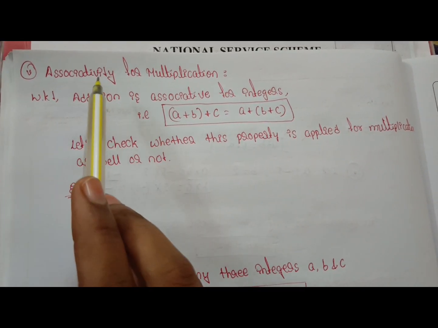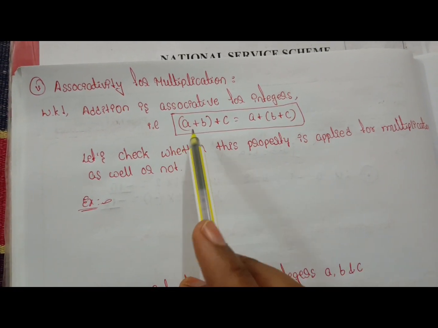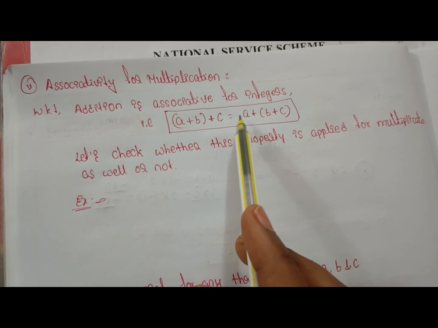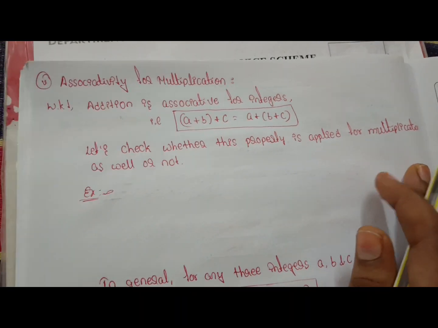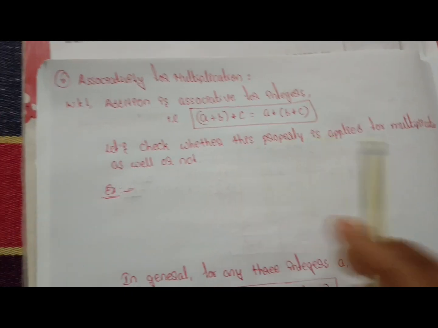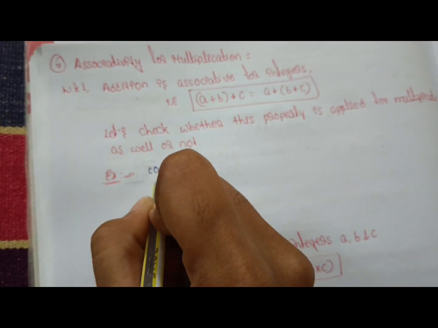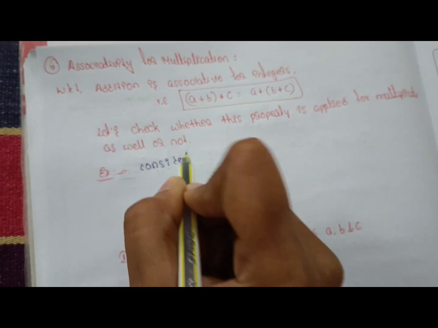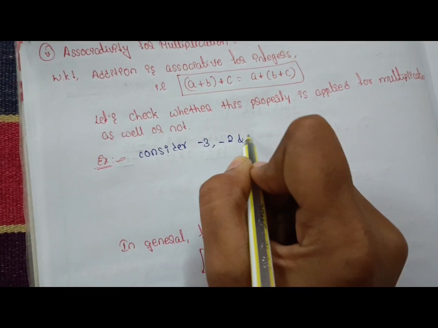Next property, associative for multiplication. We know that addition is associative for integers, that is a plus b plus c is equal to a plus b plus c. Let's check whether this property is applied for multiplication as well or not. I will take one example. Consider minus 3, minus 2 and 5.